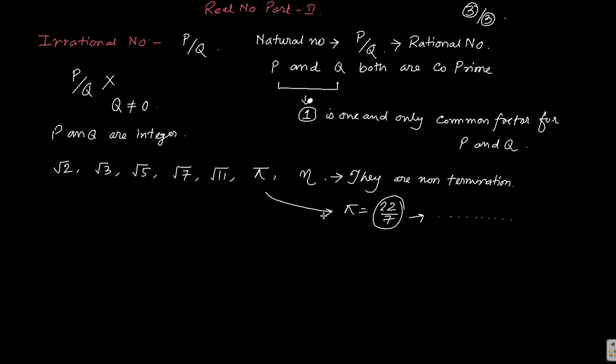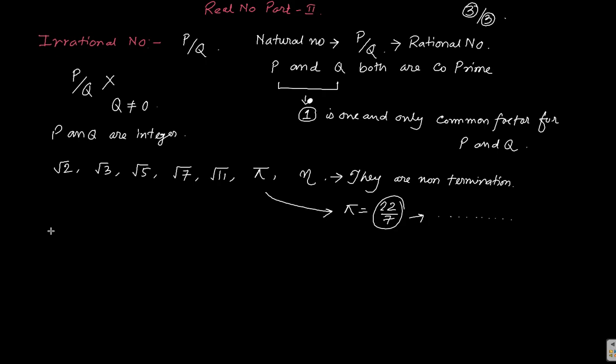But if we divide 22 by 7, it does not terminate, meaning we cannot completely divide 22 by 7. It is 3.14 and then many more digits keep coming, but in the end the remainder never becomes zero. Okay, Avogadro number is also the same. It cannot terminate after some decimal point. That's why they are irrational numbers.